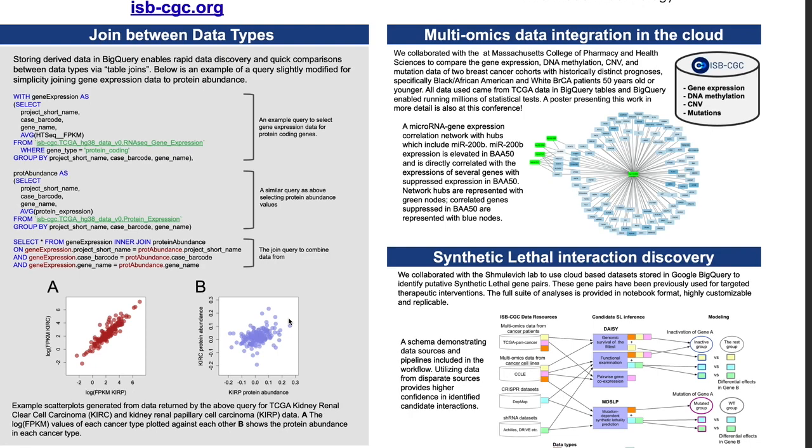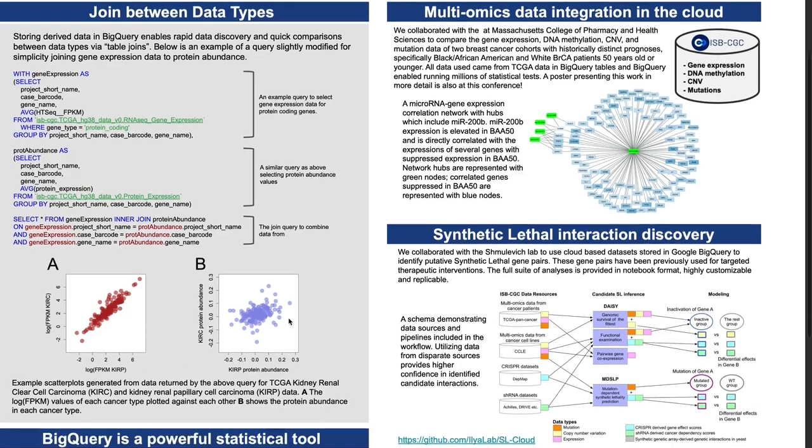Using TCGA BigQuery tables, we compared gene, miRNA, copy number, and mutation data from those 2 cohorts. Shown here is a microRNA gene expression network based on the expression enrichment of MIR200B, which we identified in the Black cohort. If you're interested in this work, there's more data on Dr. Aquamenza's poster at this conference as well.